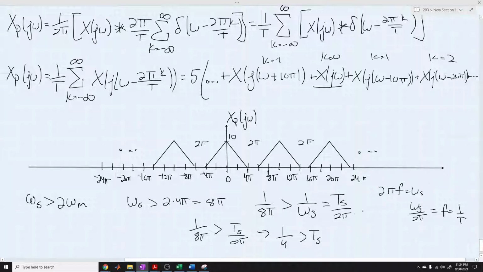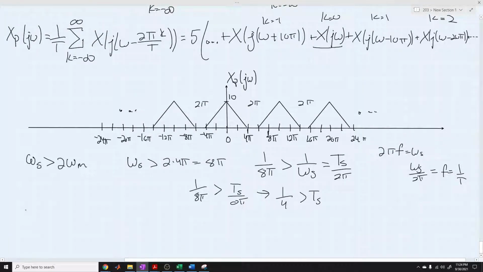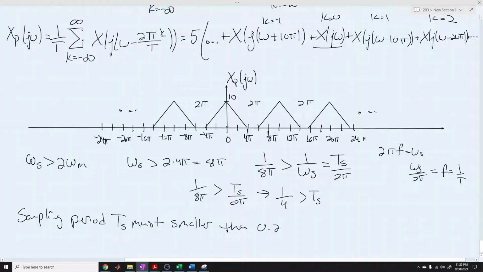So our sampling period T sub s must be smaller than 0.25 seconds in order to prevent aliasing.